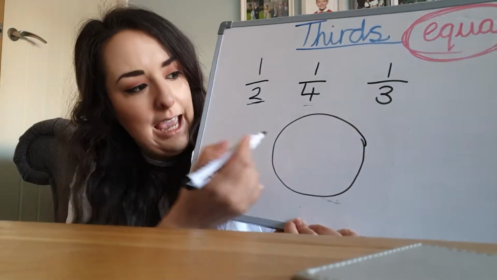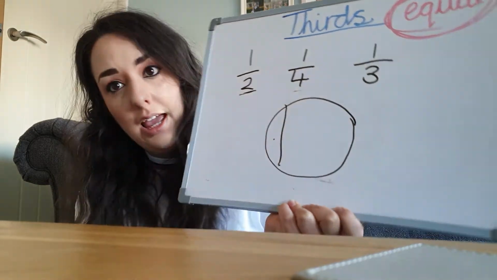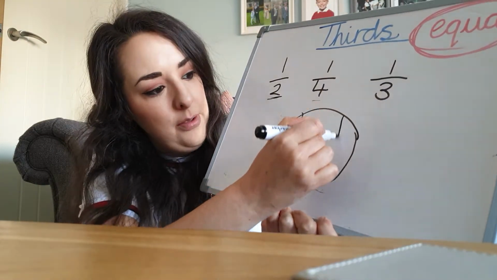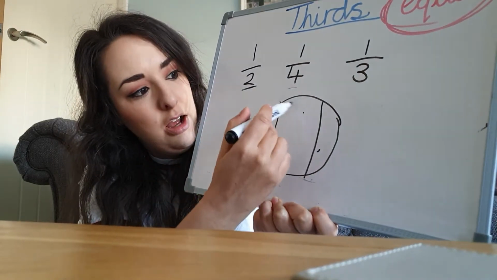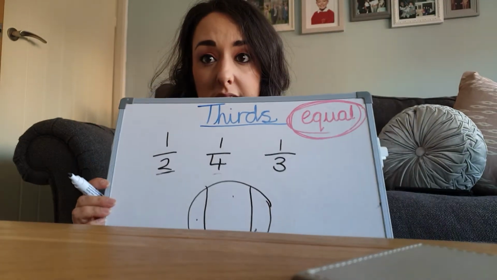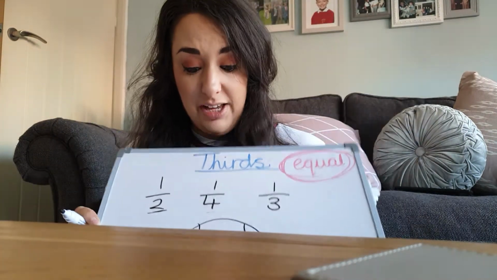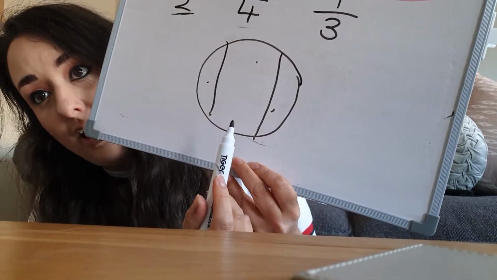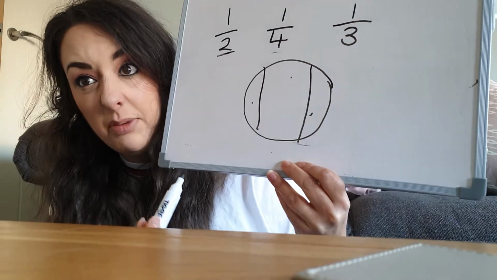Okay? This is like a cake, and I'm going to give this part here to Mandy. I'm going to give this part here to you, and I'm going to keep this bit. Have I split it into thirds? No, you're right, because that would not be fair that I get this massive piece and you and Mandy only get that tiny piece.